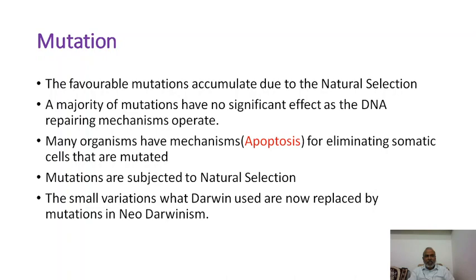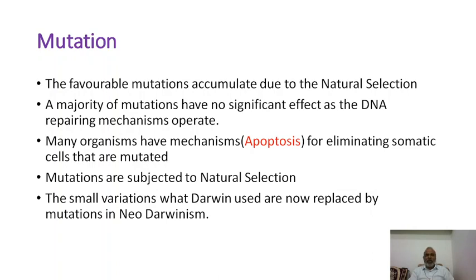As I mentioned, mutations are subjected to natural selection. That means useful mutations are selected and harmful mutations are discarded by nature. The small variations that Darwin used to explain his theory of natural selection need to be modified. Instead of those small variations, we need to use mutations as very important forces of evolution.